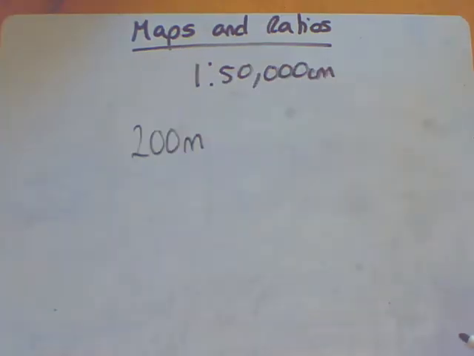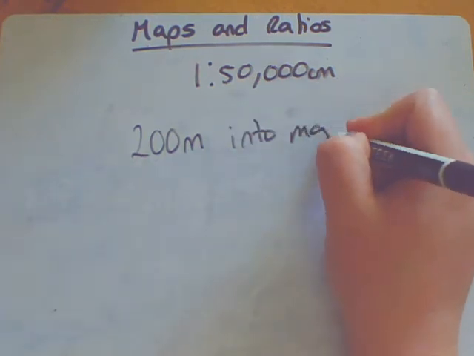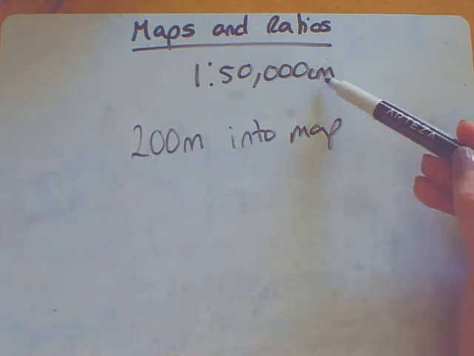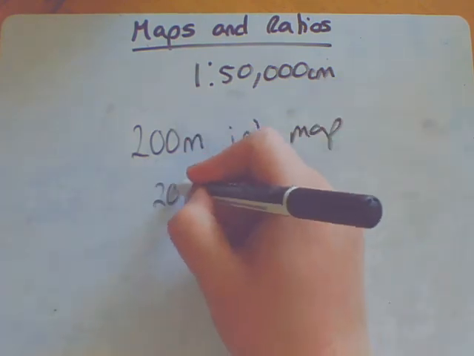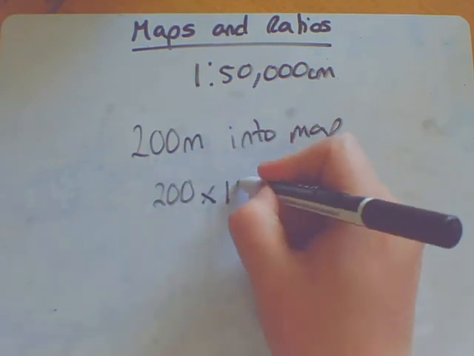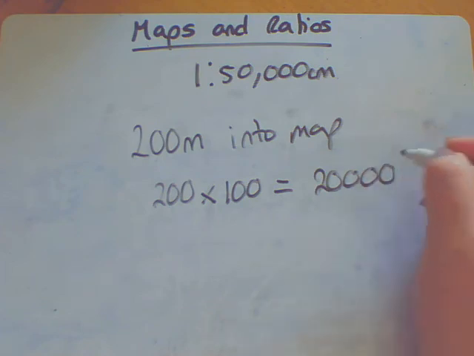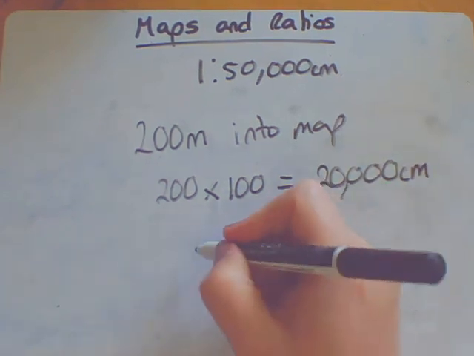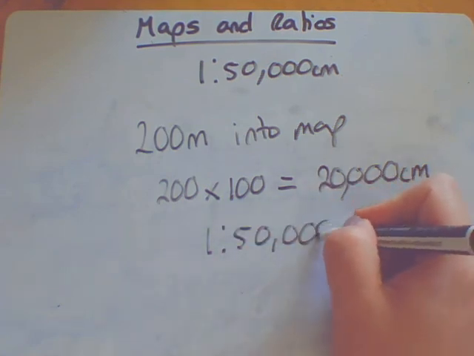Okay, so this time we're going to turn 200 metres into the map scale. But again, this is in centimetres and this is in metres, so I've got to do a conversion first. So 200 multiplied by 100 is going to give me 20,000 centimetres. Again, line up your ratios. So you'll see the ratio this time is 50,000.